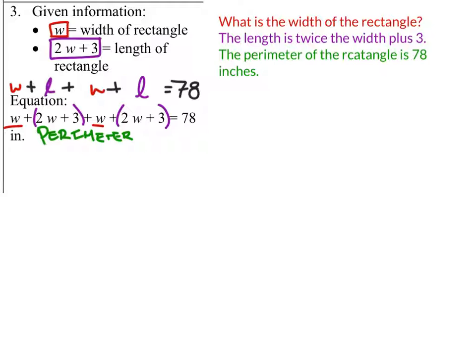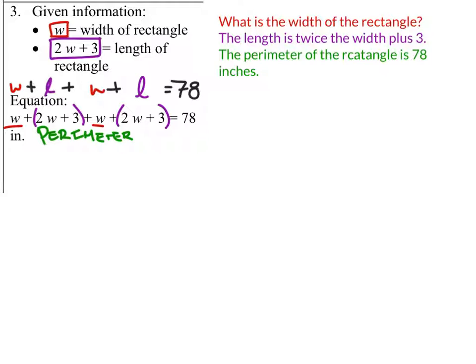Bam. We could have said that the sum of the width and lengths and then another width and length would be 78. So you don't necessarily have to know that's the perimeter. We can specify that otherwise, but it's good to know that it is the perimeter because it means that we don't have to write as much. And since this is math, well, we don't really like writing, do we?